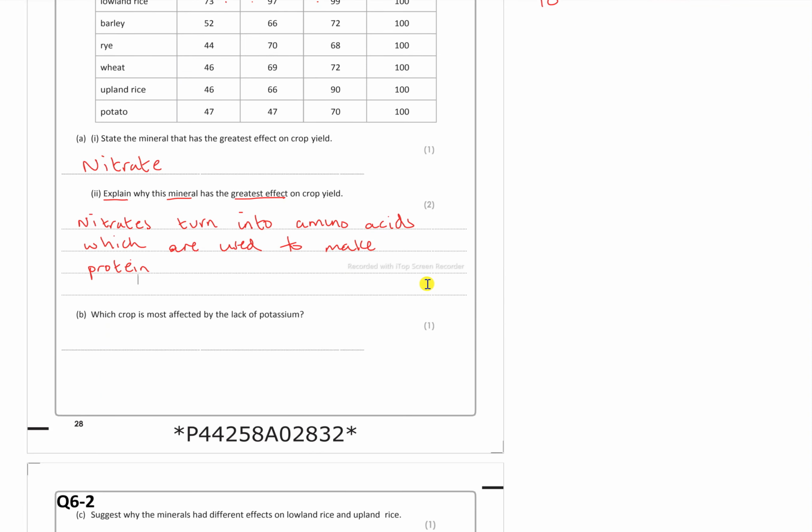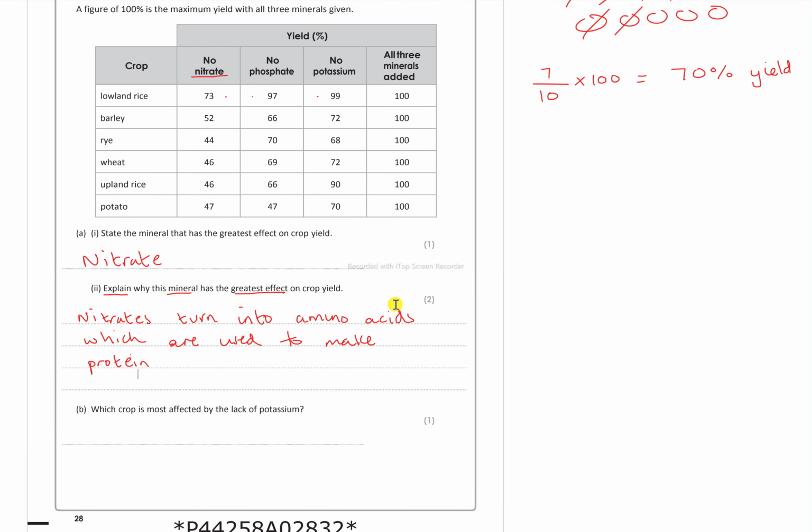Which crop is most affected by a lack of potassium? Where's potassium? Potassium's there. So look, if you put no potassium in, you're only going to get a 68% yield.